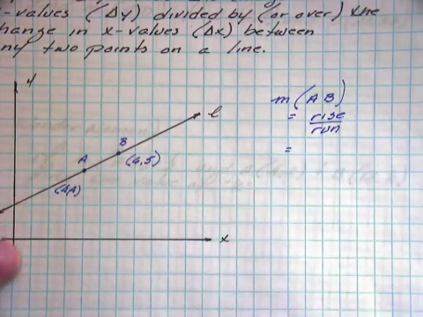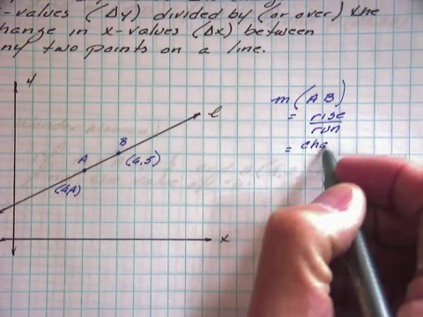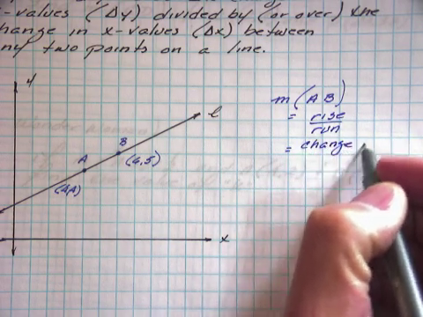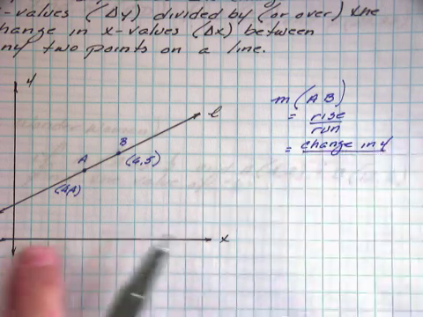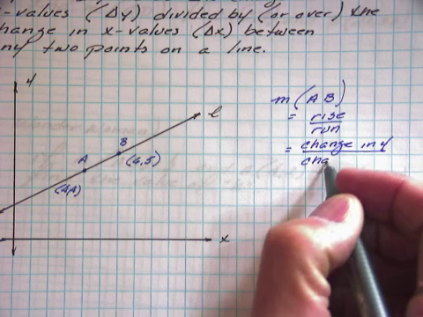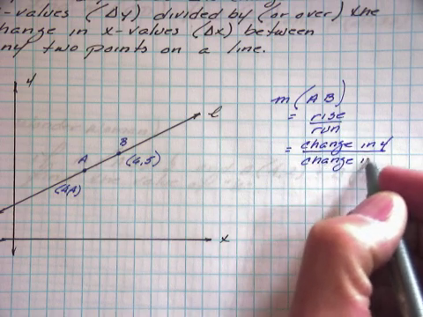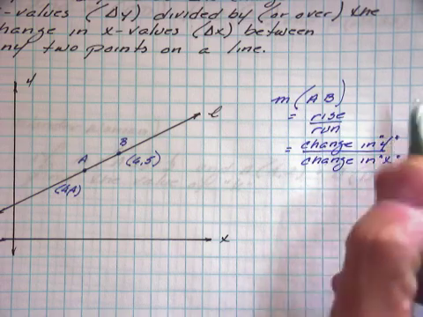Now, if you think about it, rise happens on the y-axis. So that is the change in y values over, and run happens along the x-axis. So we call that the change in x.